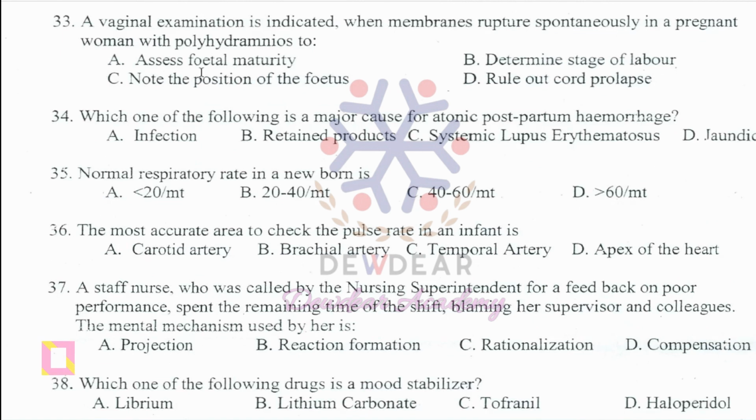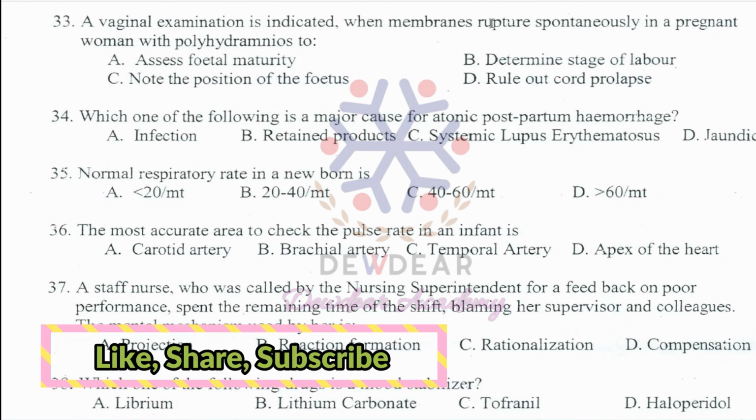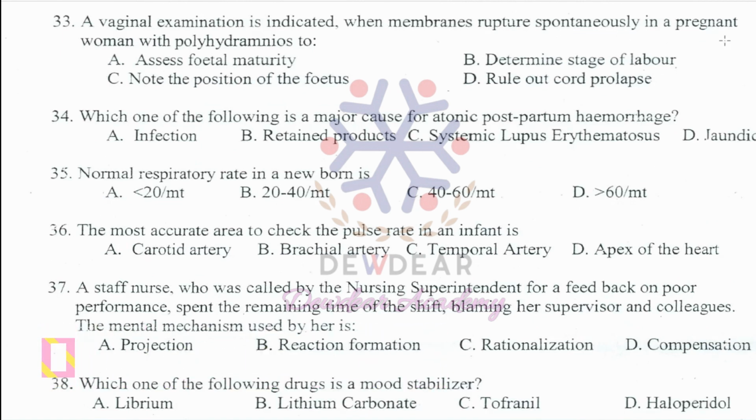Question number 33. A vaginal examination is indicated when membranes rupture spontaneously in a pregnant woman with polyhydramnios. What is the purpose? Is it to assess fetal maturity, determine the stage of labor, note the position of the fetus, or rule out cord prolapse?